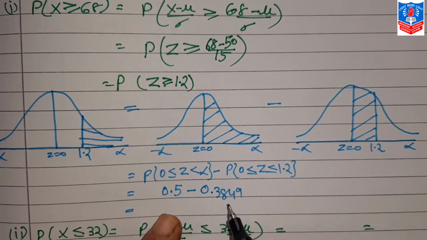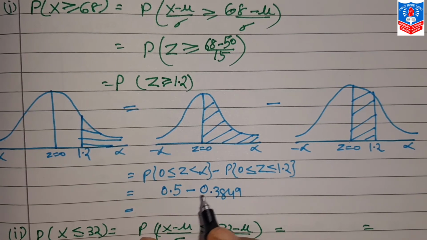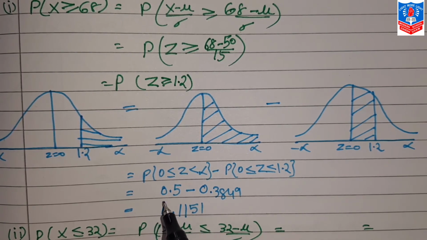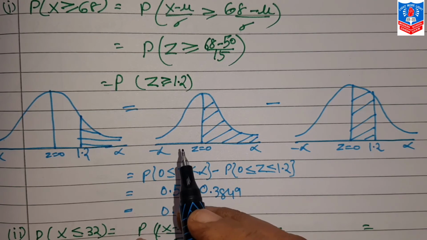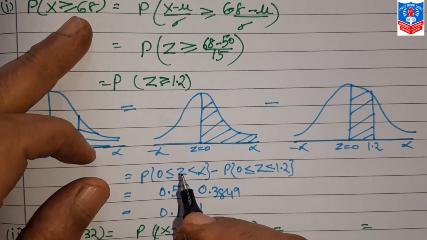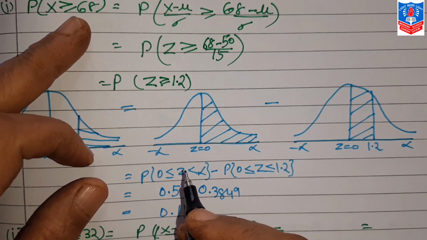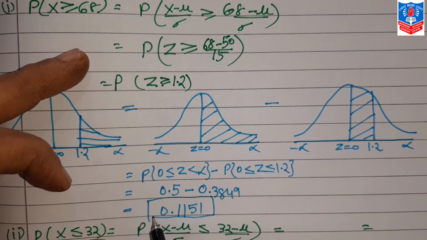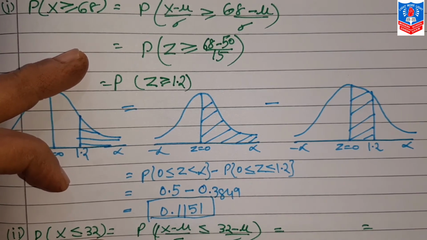Now from this point, if I subtract this 0.3849, we get 0.1151. So this is the area where equal to or more than 68 students are, that is 0.1151.